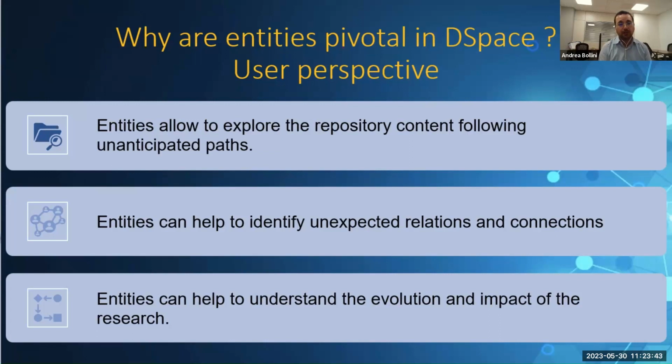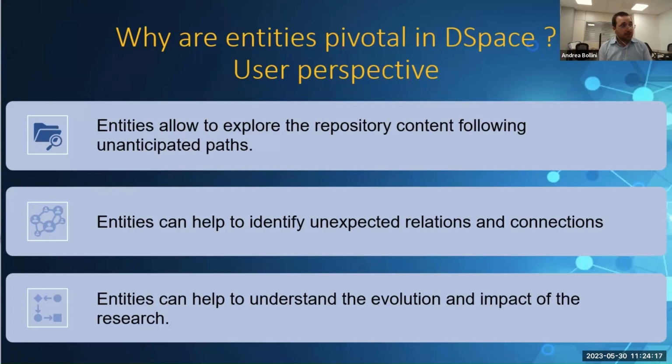So you need to allow following different paths in exploring, starting from one publication, moving to the dataset, moving to other kinds of datasets that are produced by the same instruments, or other outputs that have been produced in response to the same sustainability goal, which seem not so strictly related to your publication at first glance.